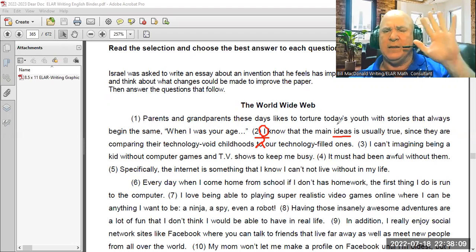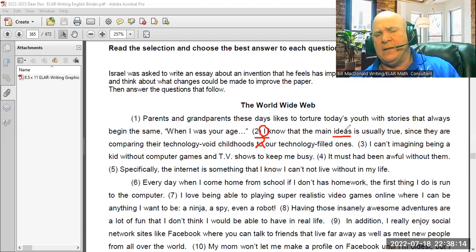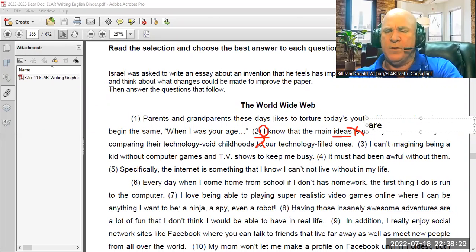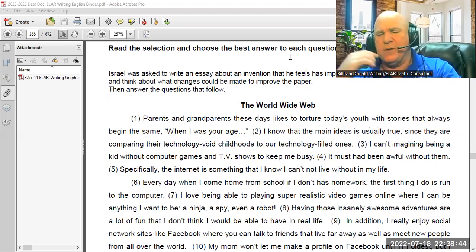Now, since ideas, I held up multiple fingers for plural, then ideas would not use is, ideas would use are. So if I were to fix that right there, I would type it between the lines and it would look something like that. Change is to are because the ideas are plural.